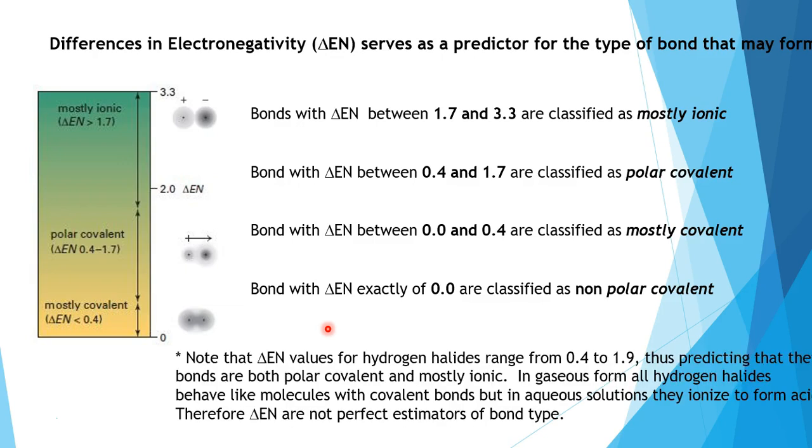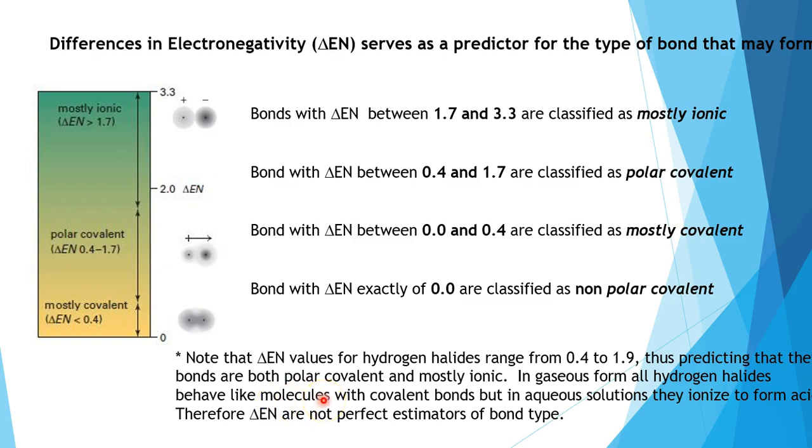Just to clarify a little bit more, in the case of delta EN values for hydrogen halides, that's the binary acids, they range from 0.4 to 1.9. Thus, they predict that the bonds are going to be both polar covalent and mostly ionic. So that's kind of a discrepancy here. In gaseous form, these hydrogen halides behave like molecules with covalent bonds.